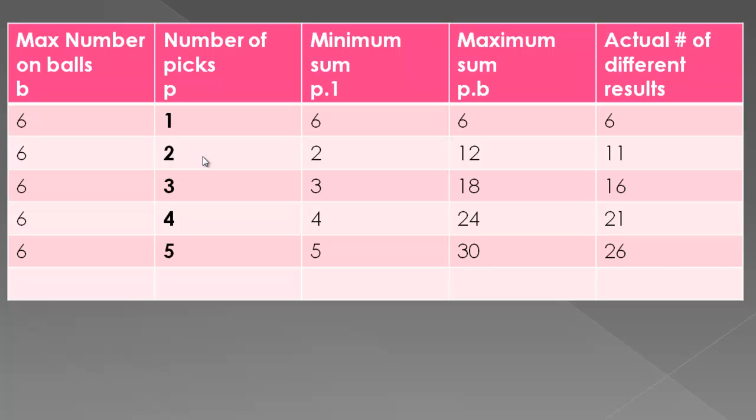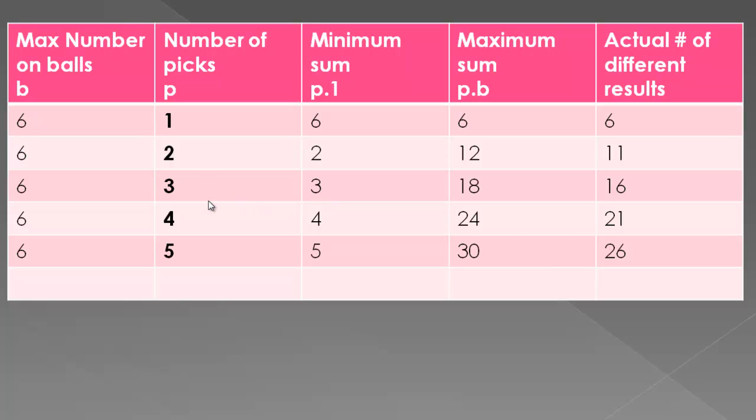But what if we pick up the ball that's got a value of 6 and we pick it up twice? Well, then the maximum sum will be 12, which of course is 2 times 6. If we pick up 3 times, then the minimum number will be 3 and the maximum number will be 18.